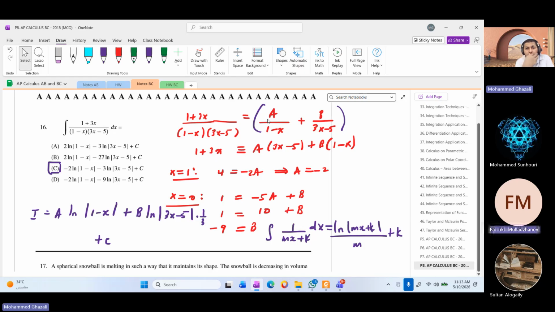We broke down the A and the B was -9 divided by 3, so -3. What was the value of A? -2. Yes, so it's correct. It'll be negative here.